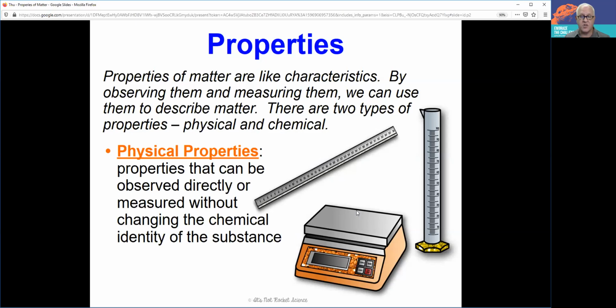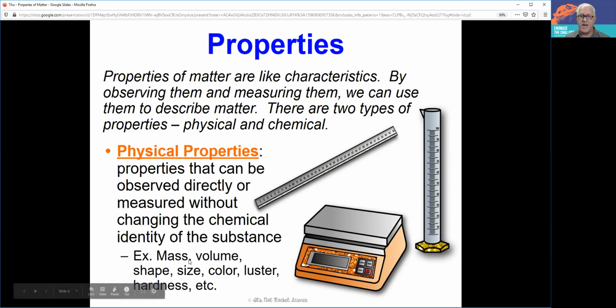We can observe things with the naked eye or with a microscope. We measure them by weighing them or putting a ruler on them to determine their length and volume. We can also put their volume in a measuring device.